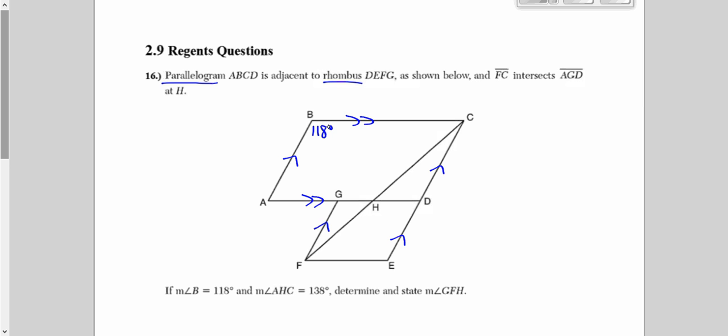Where's A? AHC is 138. And then determine the measure of angle GFH. GF, that's this little guy here. Put an X in there. Anybody start working their way around here? I think that. There's something down there.